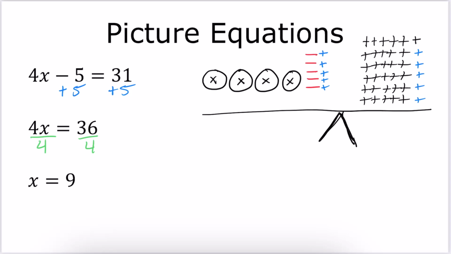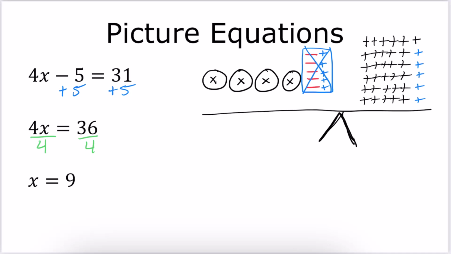And all of these end up canceling each other out to 0. And that's what tells you that 4x equals 36, because now I have 36 positives on the right-hand side and 4 x's on the left-hand side.